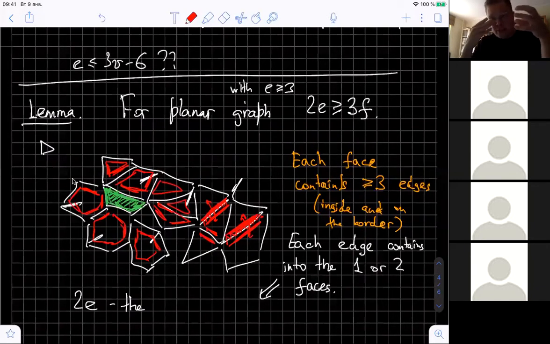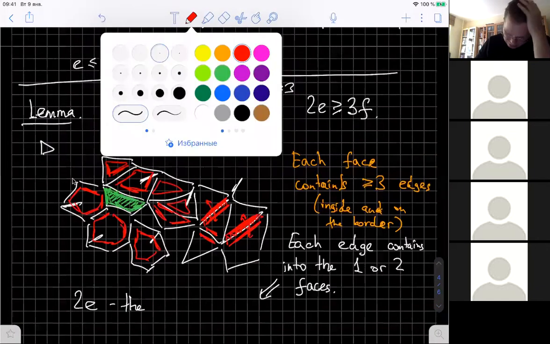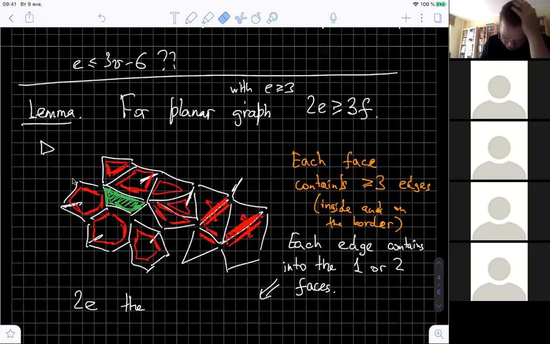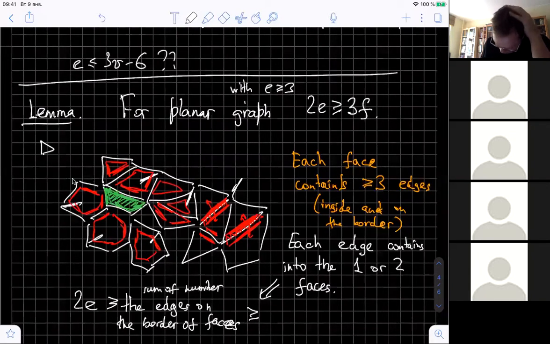So if I double the number of edges, then it will be more than the sum of the number of edges on the border of each face. And each face contains 3 edges or more. So I can write this inequality: this is more than the sum of the number of edges on the border of the faces. And each face has 3 or more edges on the border, so it will be greater than 3 times F.